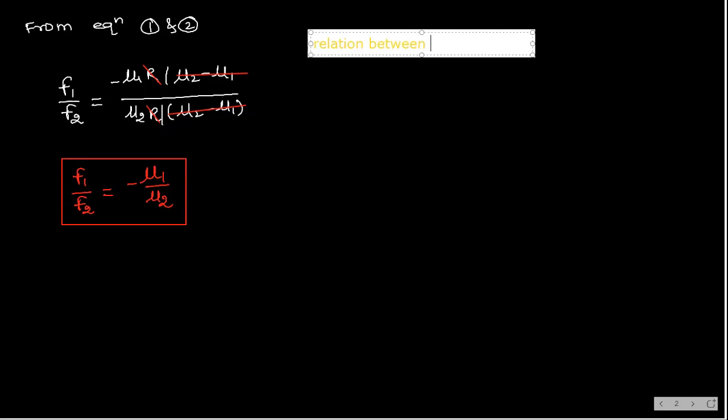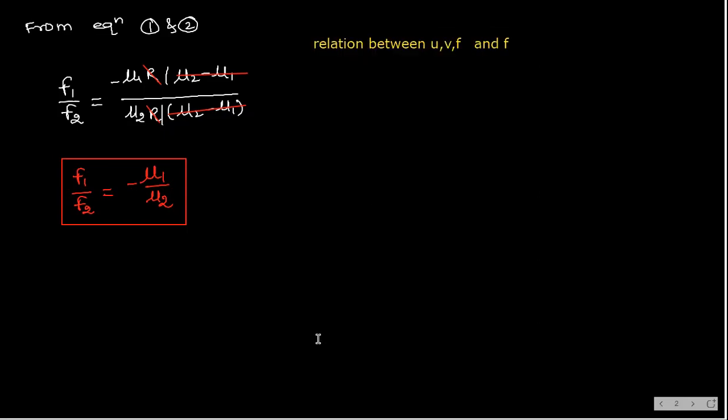Now, the relation between u, v and F1, F2. U means object distance. So I am writing here, this is F1 and this is F2.